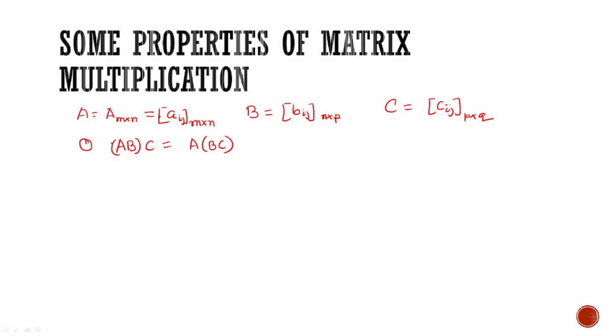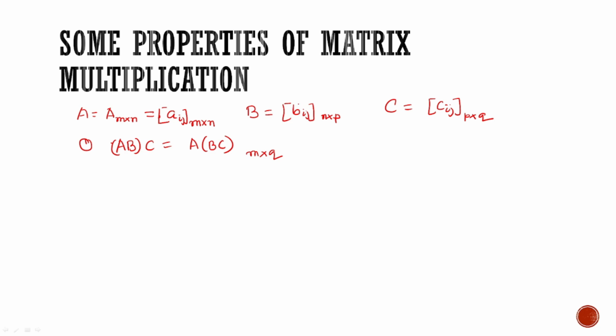If we apply matrix multiplication, the ultimate result is nothing but m cross q. Now how can you verify this statement for any random matrix?